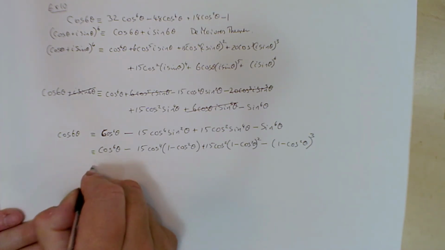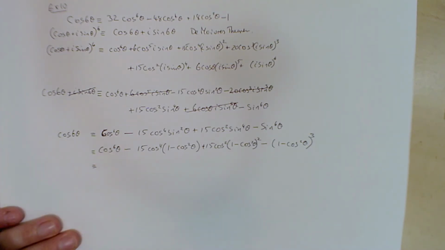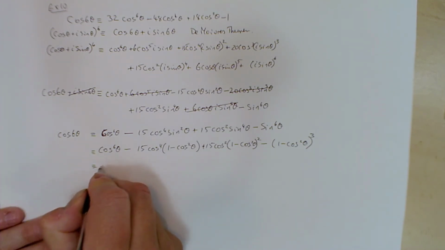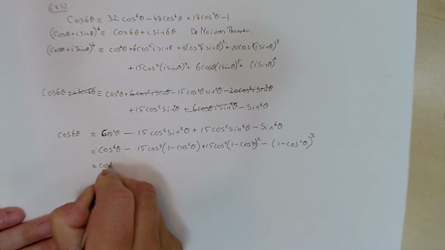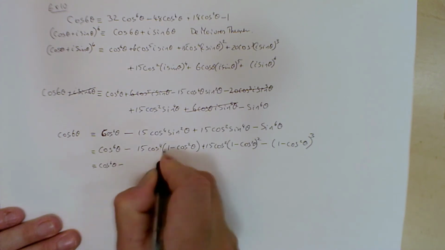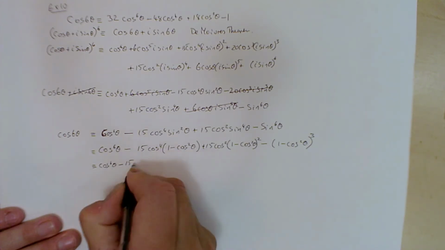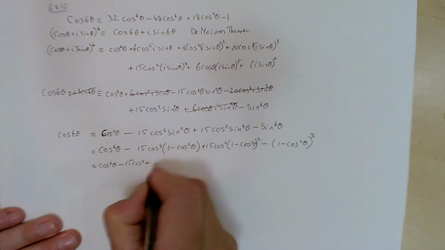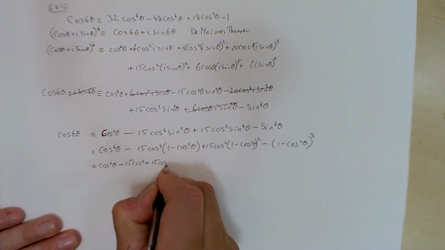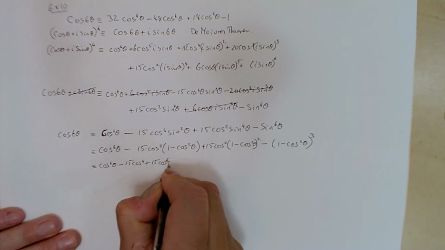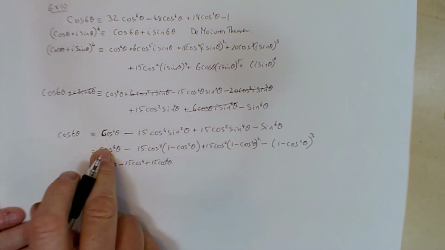Now we have to do even more expansions, because if we do the first bits first, because they're quite simple, cos to the power of 6 minus 15 cos to the power of 4 plus 15 cos to the power of 6 theta. That takes care of all that bit.